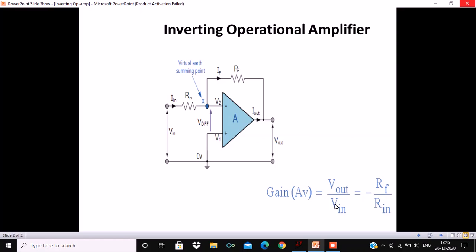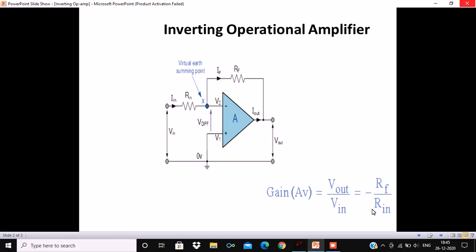First, RF is the feedback resistance and Rn is the input resistance. Here the negative sign shows the inversion of output with respect to input. That means it is 180 degree out of phase.